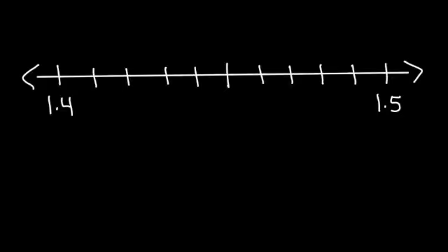All right, so now to determine what these tick marks represent, it can sometimes be easier to go ahead and put a 0 on the end of these decimal numbers. So now that I can see that this is 1 and 40 hundredths and 1 and 50 hundredths, I can think about what values would be in between these amounts.